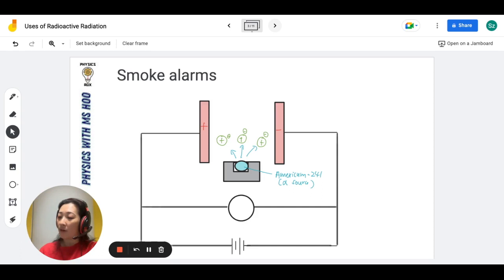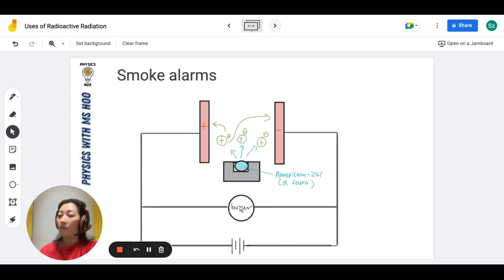So the negative charges will go to the positive plate, positive charges will go to the negative plate, and that completes the circuit. Now let's say this is the buzzer. When the circuit is complete, the current will flow this way. It won't flow through the buzzer because normally they hook it up in such a way that the buzzer will have very high resistance. So the current will flow this way, will not flow through the buzzer, so the buzzer does not make a sound.